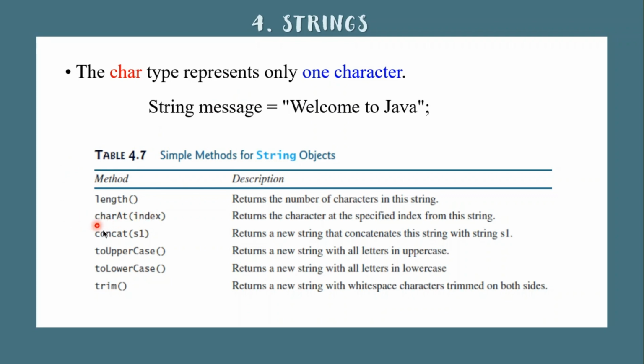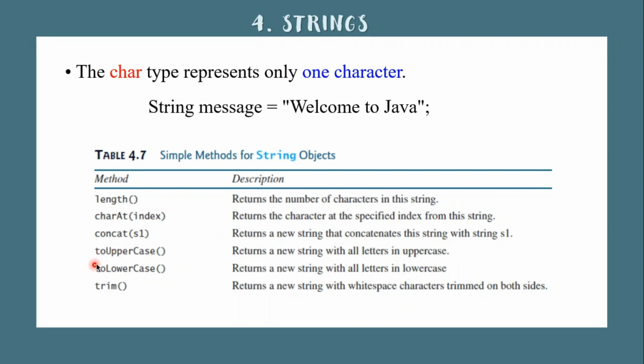So message dot charAt with index 0, then it will print for me w.